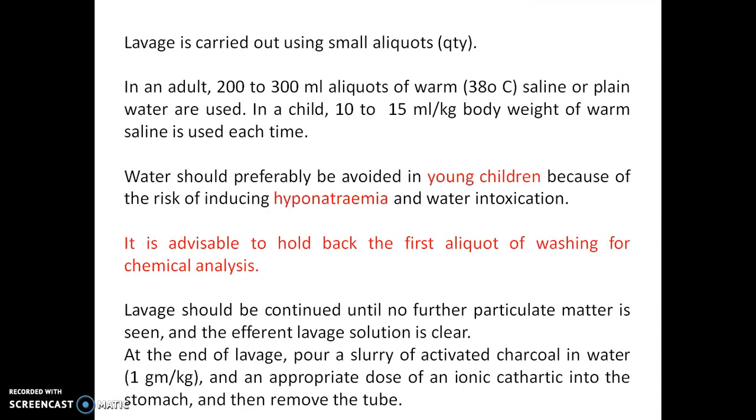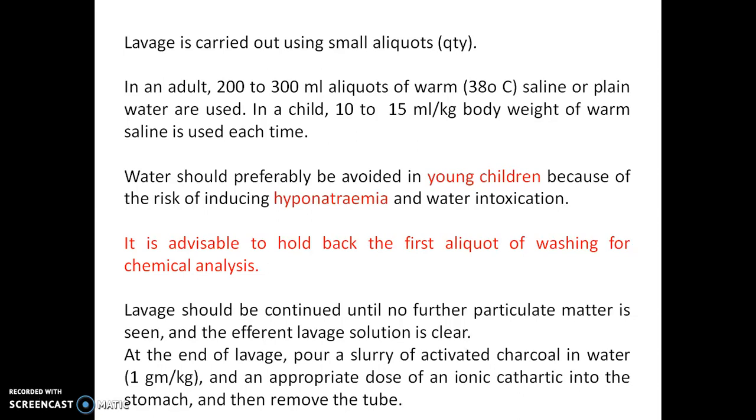Coming to the procedure now, how do you use this lavage technique? Lavage is carried out using small aliquots. Aliquots represent a small quantity of the fluid you are going to use. In adults, 200 to 300 ml aliquots of warm, 38 degree, normal saline are used, or sometimes plain water can also be used, only in adults.